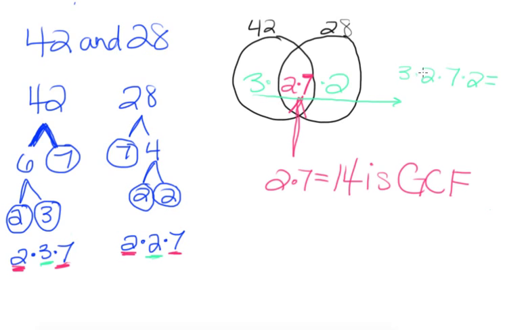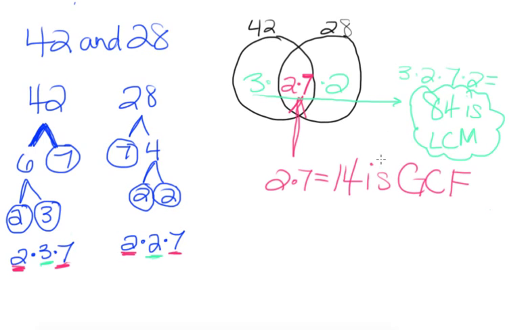We've got 3 times 2 is 6. 6 times 7 is 42, and 42 times 2 is 84, and that is the LCM. And look at this. We've got our GCF and LCM right together.